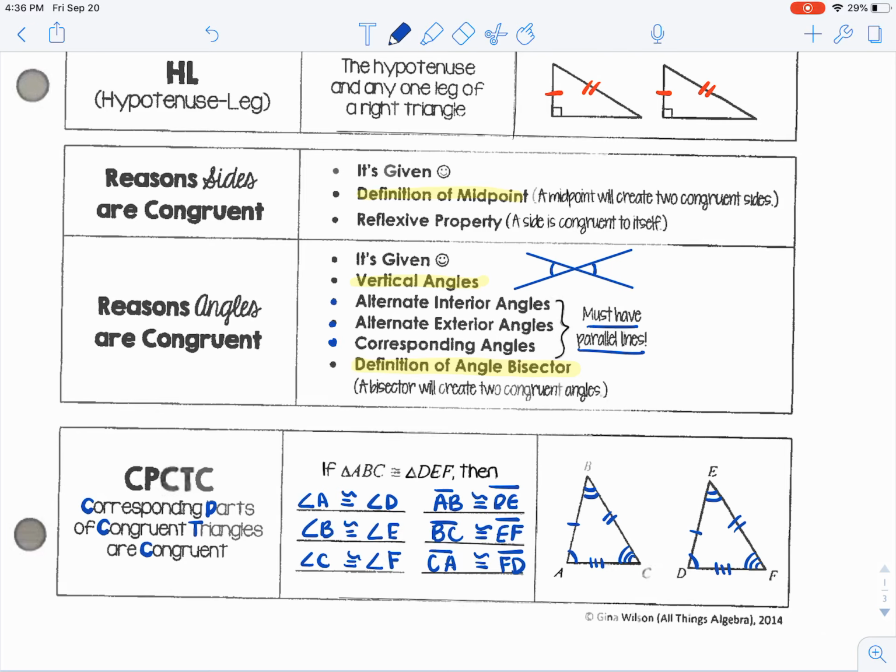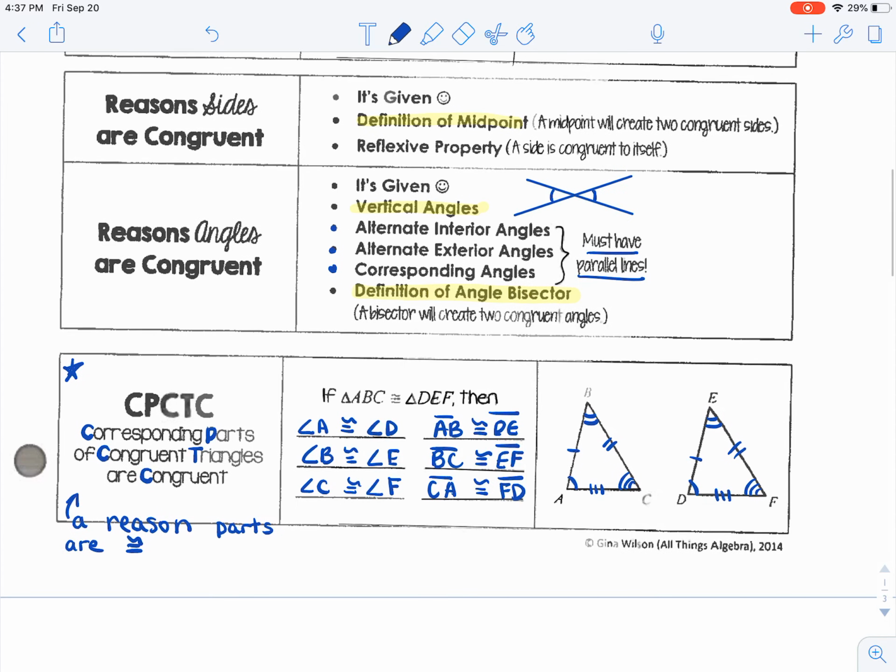Now, this is a reference page for proofs. So, when will we be using CPCTC? We can only use this as a reason when we want to say parts are congruent. And so remember, parts are sides or angles.